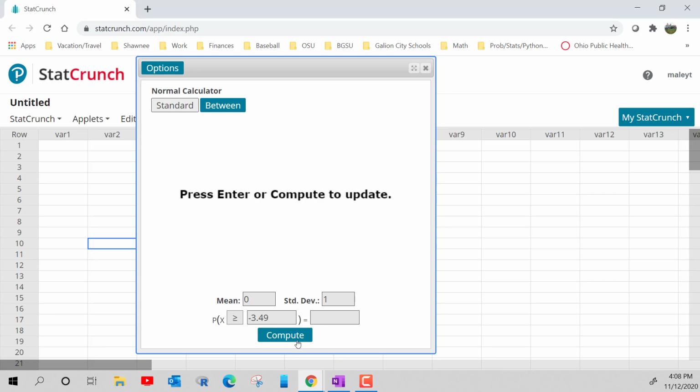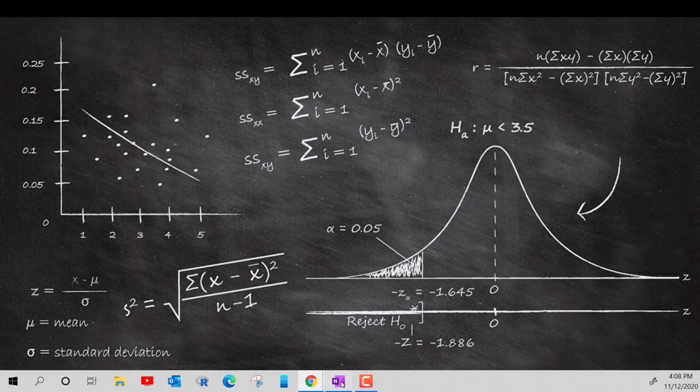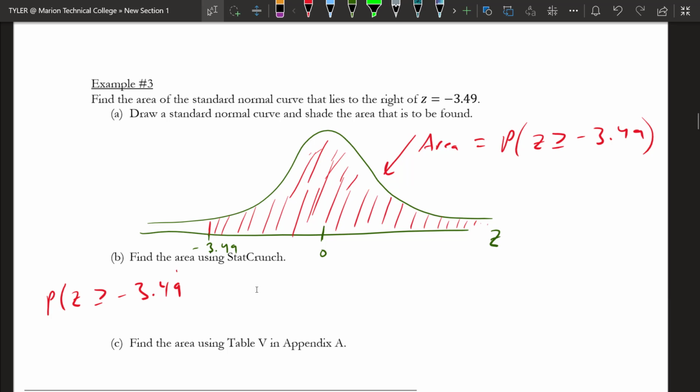And mean and standard deviation stay the same because we have z-scores. So there's the graph, and here is the area, the probability. If I round to 4 decimal places, 0.998. So really large, almost 1.